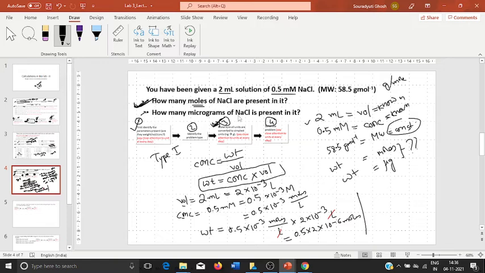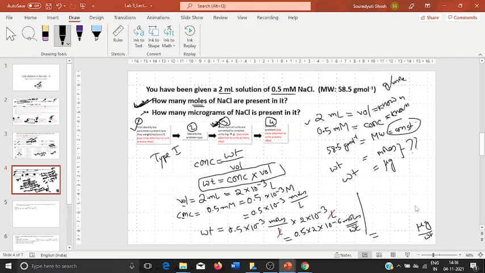Now the second answer is how many micrograms of NaCl are present in it. This answer is in moles, which is a weight quantity, and the question asks that it be converted into micrograms. So the final answer should be certain micrograms, which is also weight. This is now the second part of it.